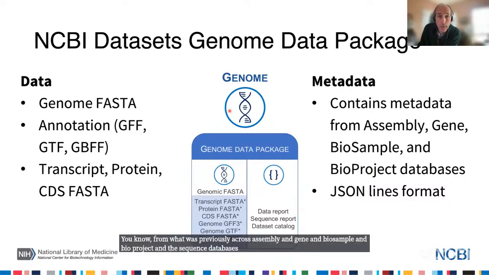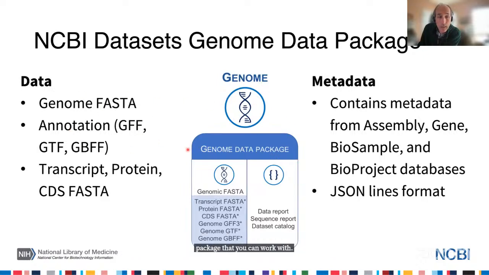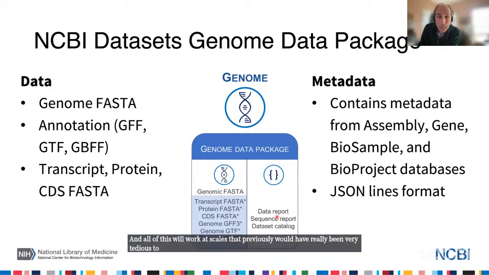Combine that all into a single package that you can work with, giving you data and file formats that you're readily able to work with, and all of this will work at scales that previously would have really been very tedious to do.